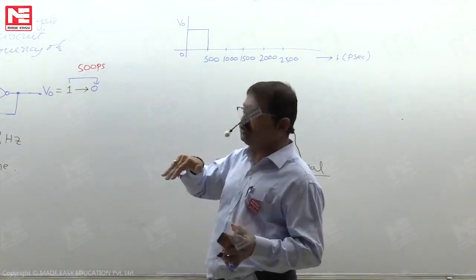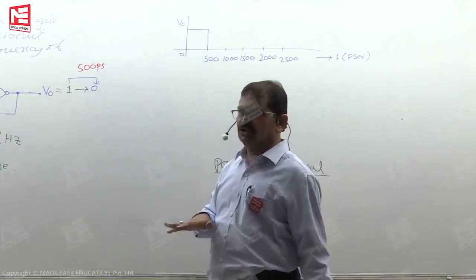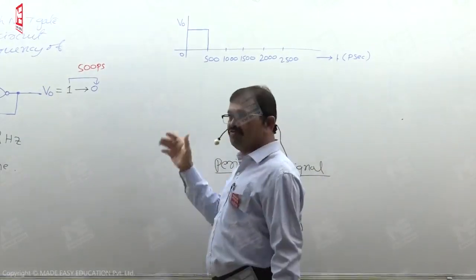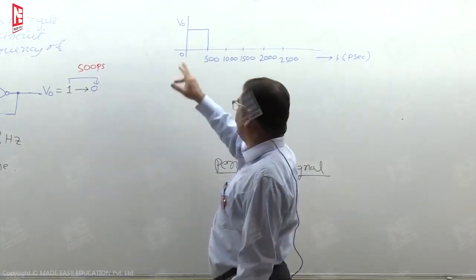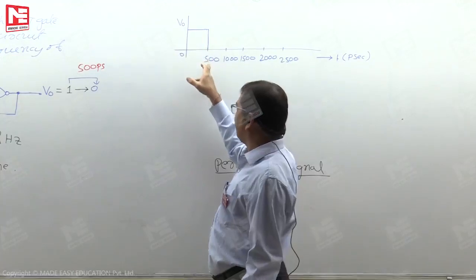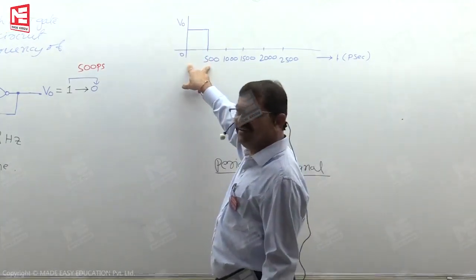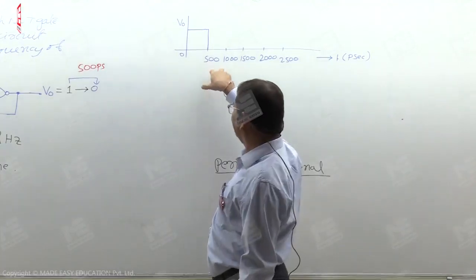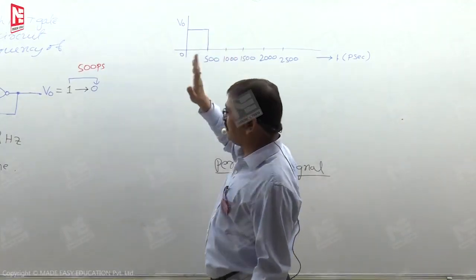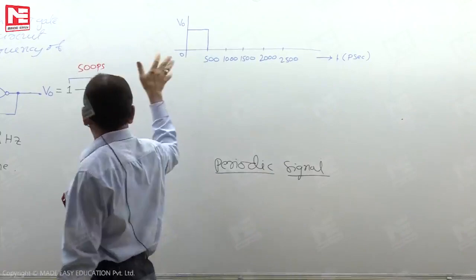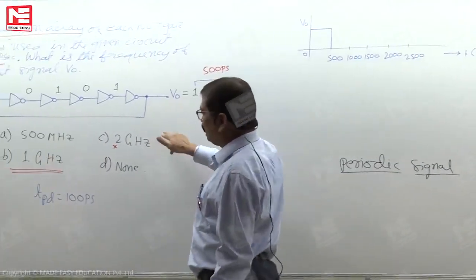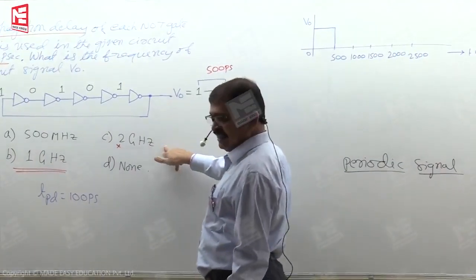If we are starting with 0, we need to reach back to 0. Initially it was 1, after 500 picoseconds it is reaching 0. Based on this, it is not the time period. Until it comes to 1, we have to wait. So don't come to a conclusion that the answer is C.